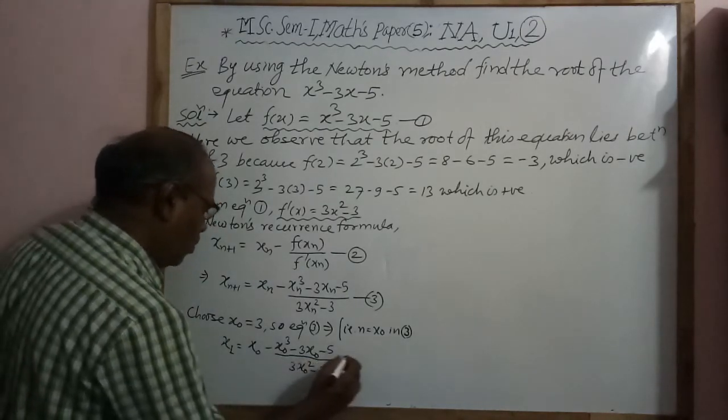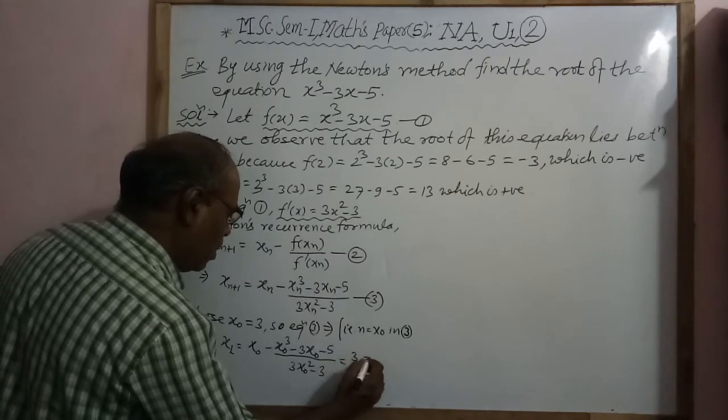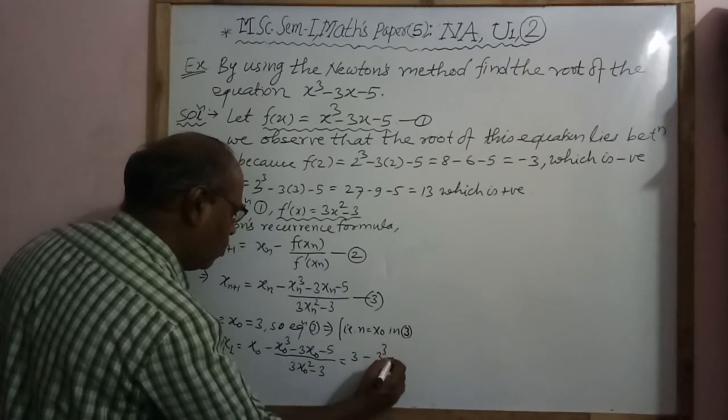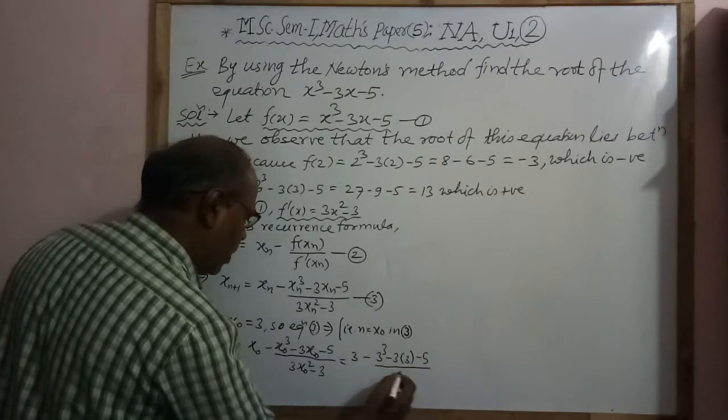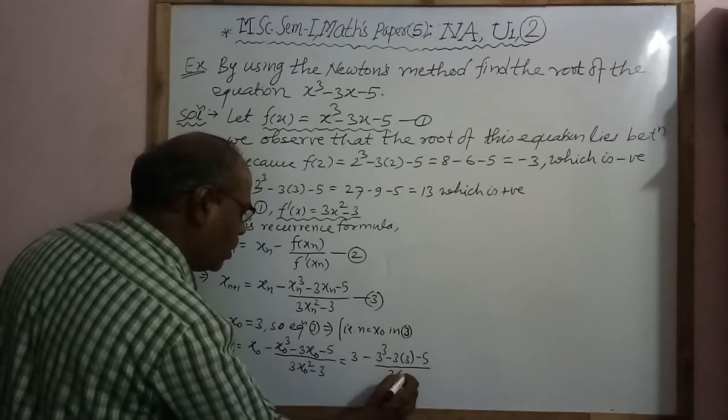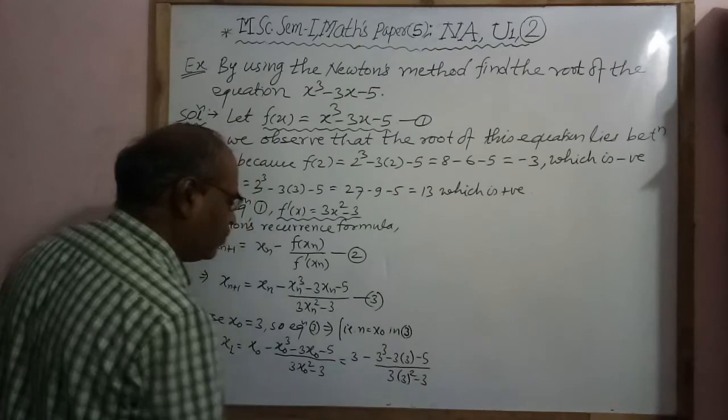Therefore, put the value x0 equal to 3. 3 minus 3 cube minus 3 into 3 minus 5 divided by 3 into 3 square minus 3.